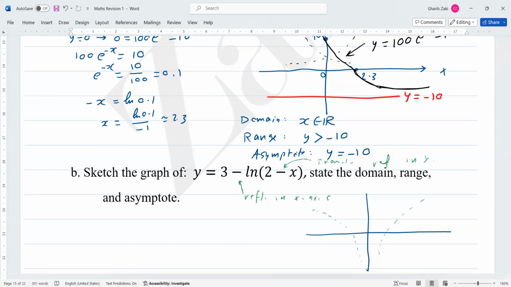So this is reflection in y-axis. What about here? Negative here, x. So this negative will be reflection in y-axis. Then we reflect again in y-axis. Okay? So it becomes here. But first, what is the asymptote? Because asymptote.